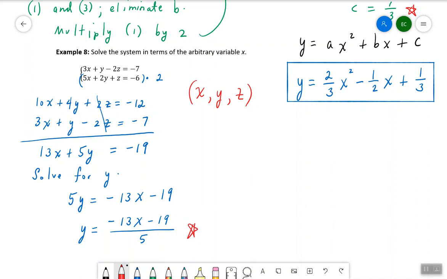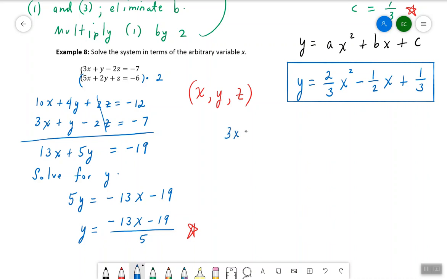There are two ways to do this. We could come back and eliminate y from the two original equations, or what I would prefer to do is just to use substitution to solve for z. So what I'm going to do now is take the result that we just got and plug it into the first equation.